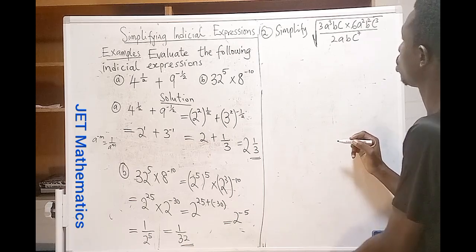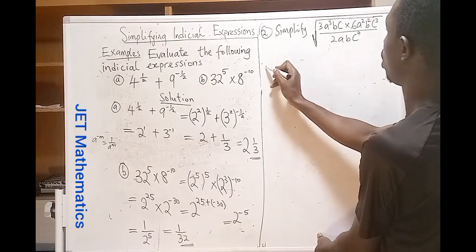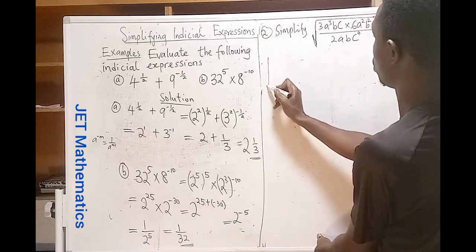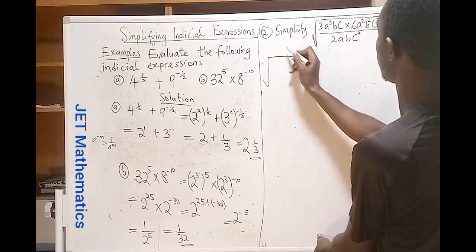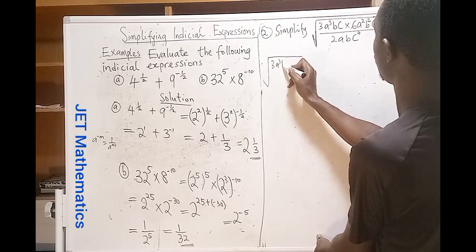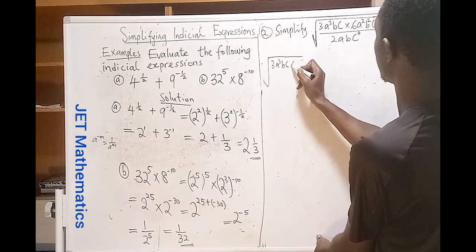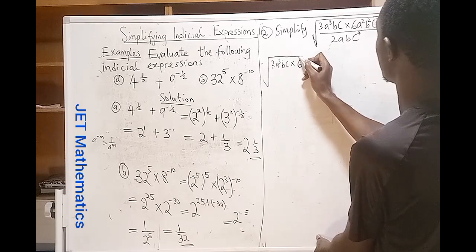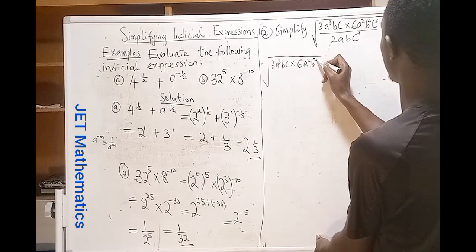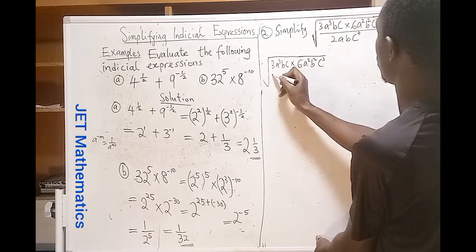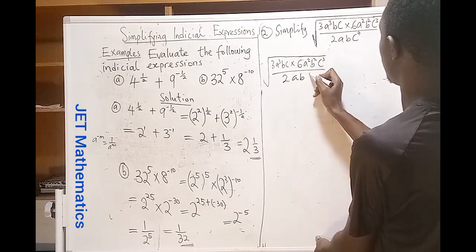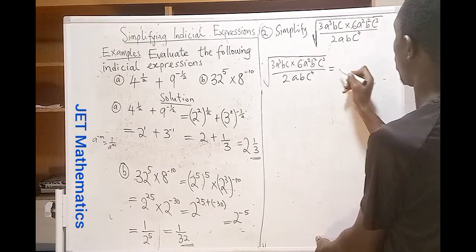So what we need to do, I'll just write that again. So we have 3a cubed bc times 6a squared b squared c cubed all over 2abc raised to the power 4.